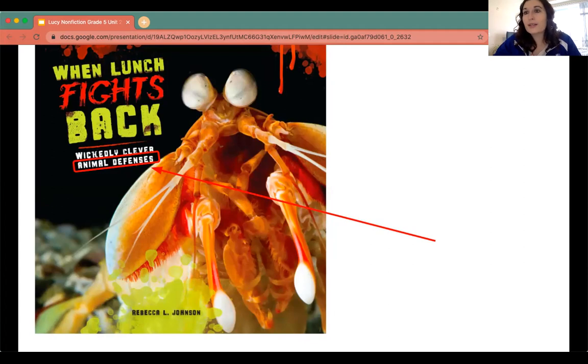We know that this book is all about animal defenses, how animals defend themselves against predators. We have learned about a lot of interesting animals as we've used pages of this book. When I just read animal defenses, there's no opinion to that. I know that this is about ways animals defend themselves.